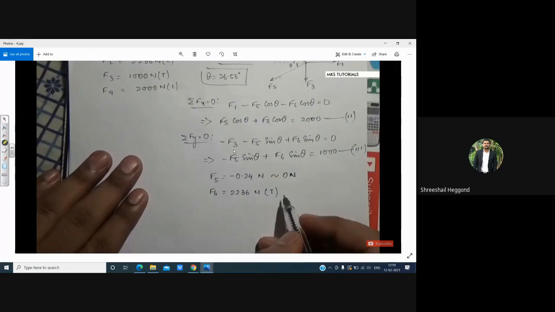F3 is already calculated, that is 1000, so substitute the 1000 value. Then F5 is unknown, F6 is unknown. These can be written as equations 2 and 3, calculating the two unknowns from the two equations. You can directly type the values in the calculator and find the values of F5 and F6.